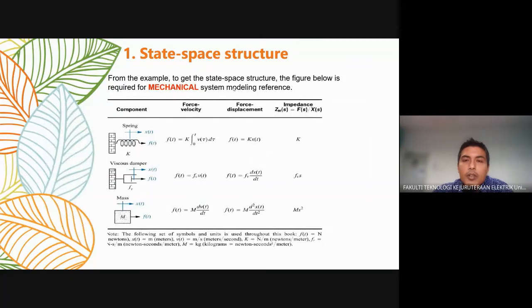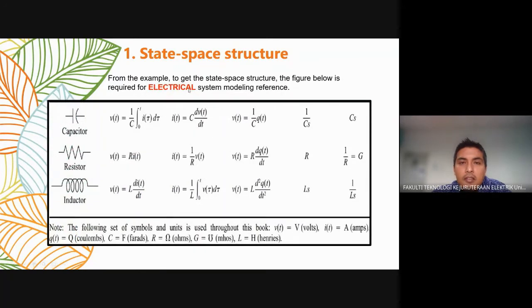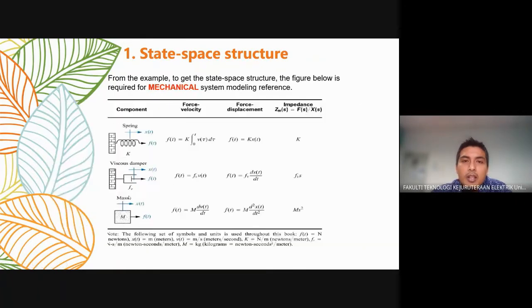All right. Same thing with the mechanical system. We are still at the first part. Before, for the electrical system, you needed to use this table. However, after we discussed just now, we just need to focus on this formula in order to derive the state space model. And then this is the table that you need to refer to in order to model the mechanical system to a state space.